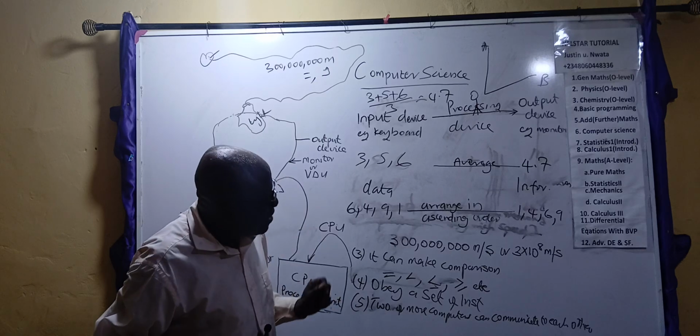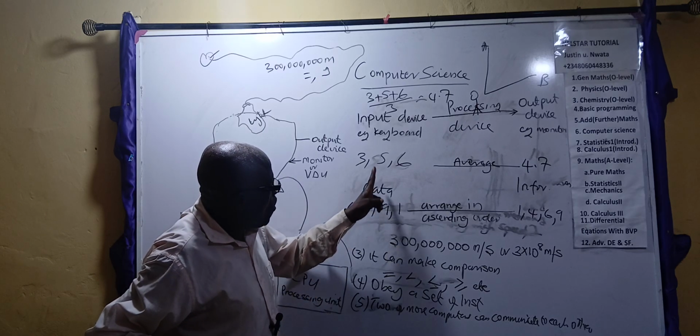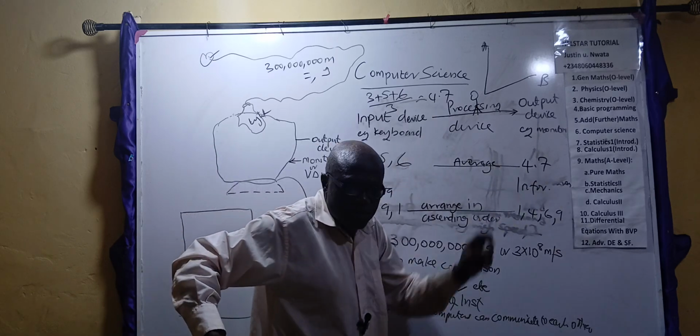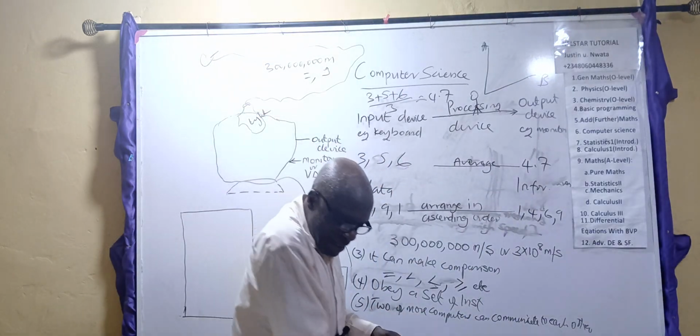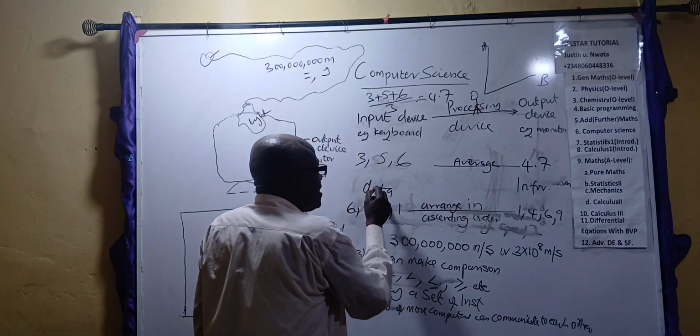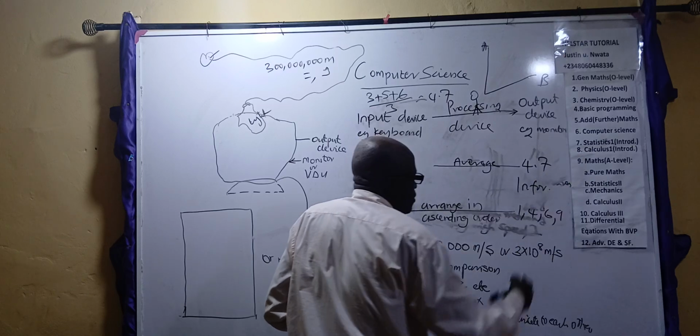From what we've seen, you can see that what enters as data is different from what comes out as information. That's what we call garbage in, garbage out. What you put in must be different in one way from what comes out. That's information.